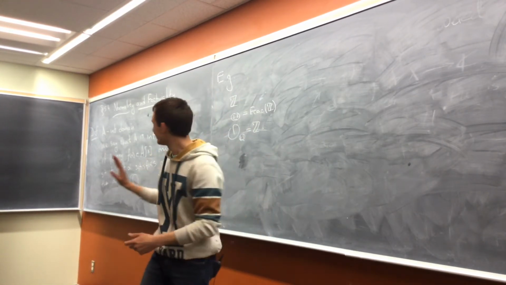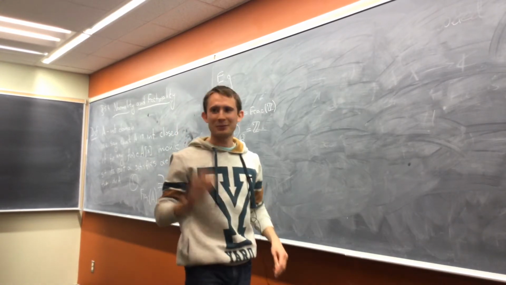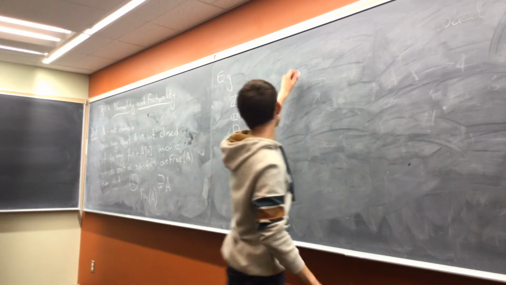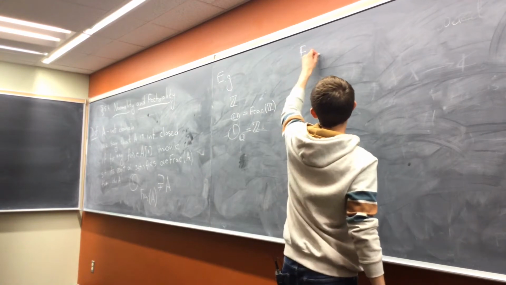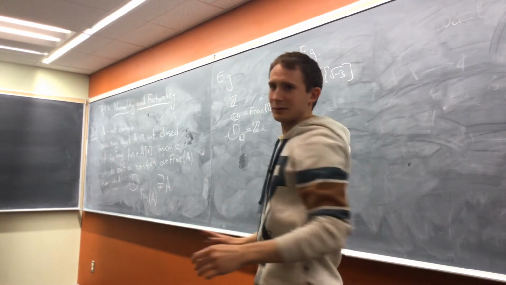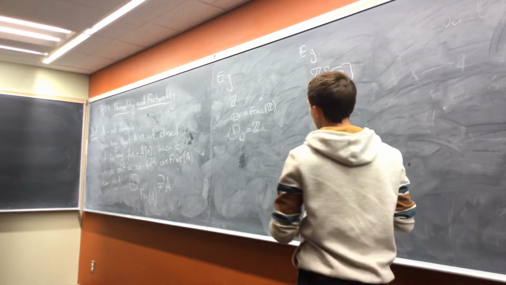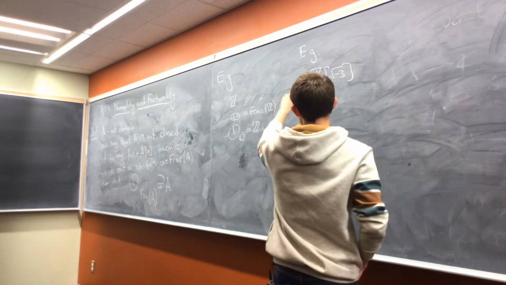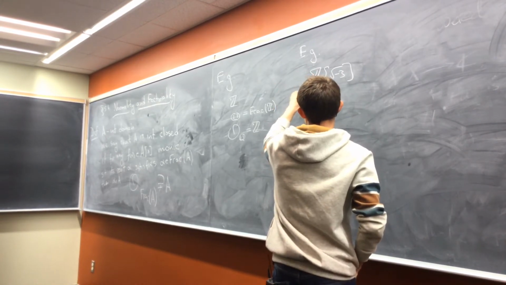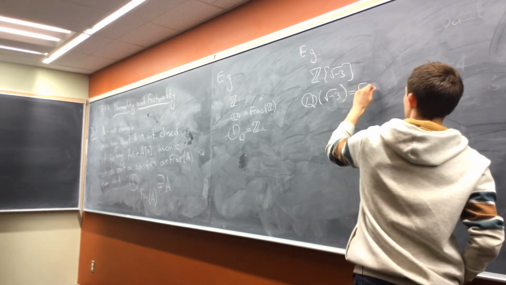Now let's take a look. What is this thing actually telling us? I'm going to give you my favorite example. Consider, as the second example, Z adjoin root -3. It's easy to observe that Q adjoin root -3 is its fraction field.